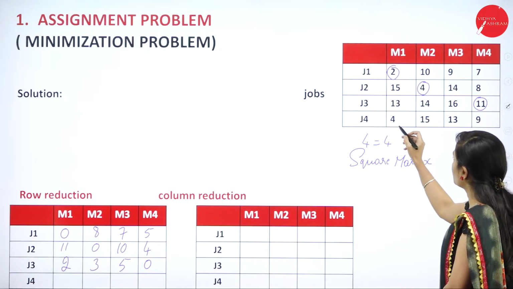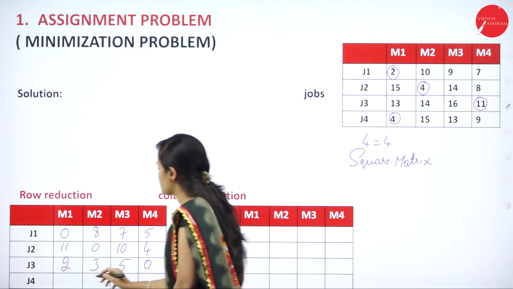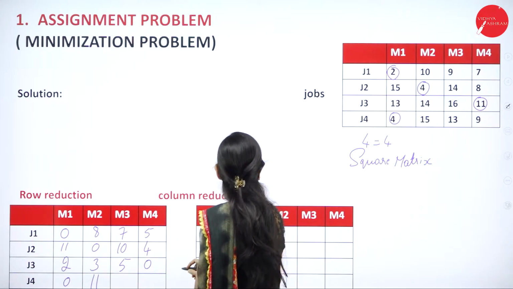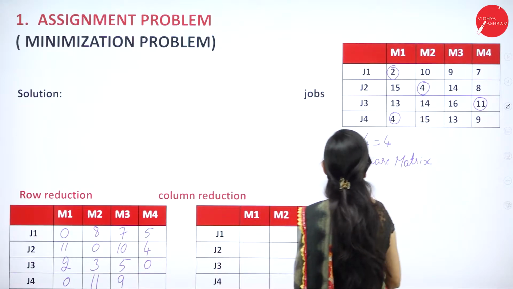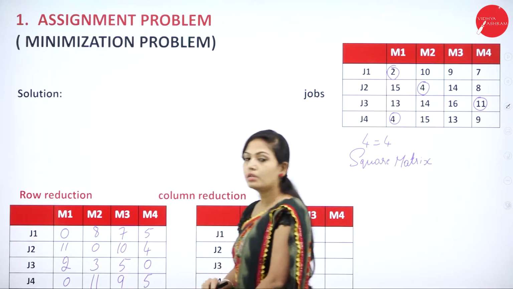And in the last row, the least value is 4. So 4 minus 4, 0, 15 minus 4, 11, and 13 minus 4, it is 9. 9 minus 4 is 5. This is your row reduction.